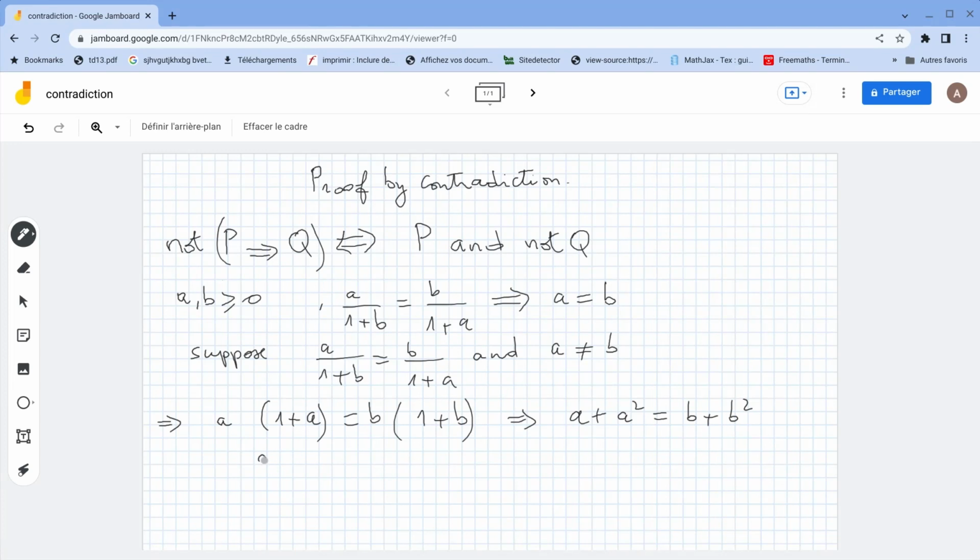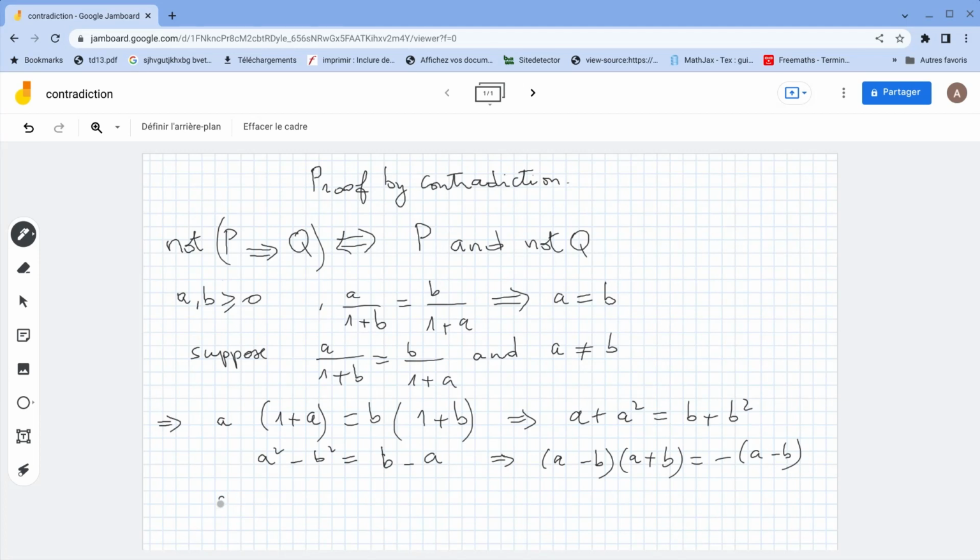So I can say A squared minus B squared equals B minus A. This implies that I factor A squared minus B squared, A minus B factor A plus B equals minus A minus B.